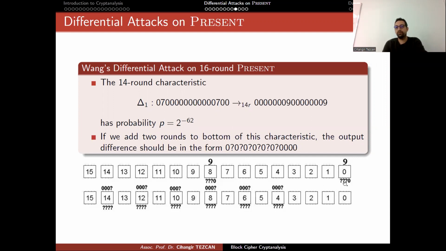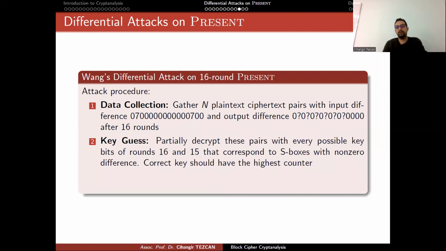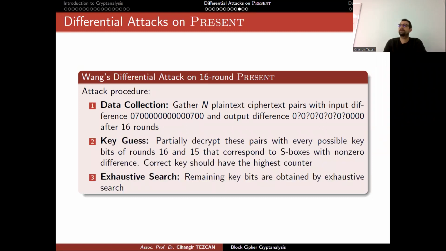Also, you have to guess 4 bits here and 4 bits here. So you have to guess 40 bits, right? So if you are attacking 80-bit PRESENT, this attack in theory captures 40 bits. So you can obtain the remaining 40 bits by performing an exhaustive search with 2 to the 40 encryptions, okay?